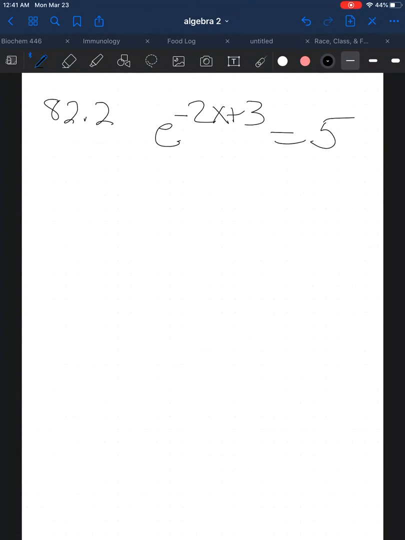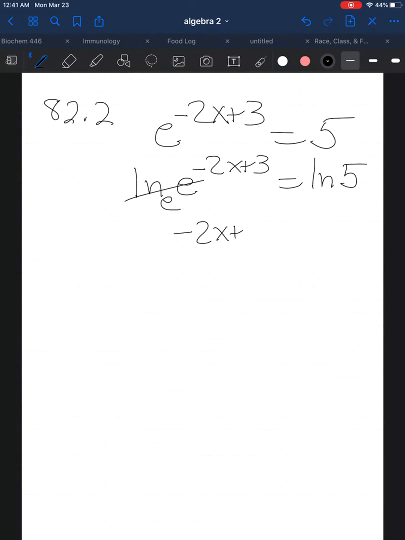For the same reason that log is base 10, natural log, LN, is understood to be a base E. So you can probably guess that if we take the natural log of both sides here, remember, ln is an understood base E. So you can see that these will cancel, and we'll have minus 2x plus 3 equals ln of 5.